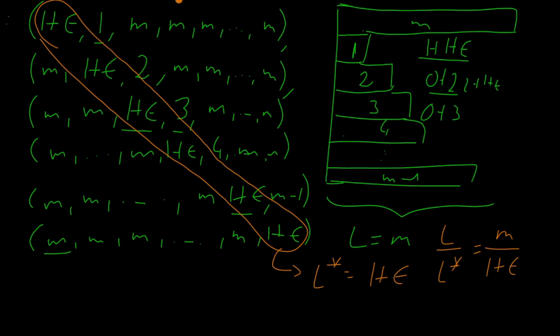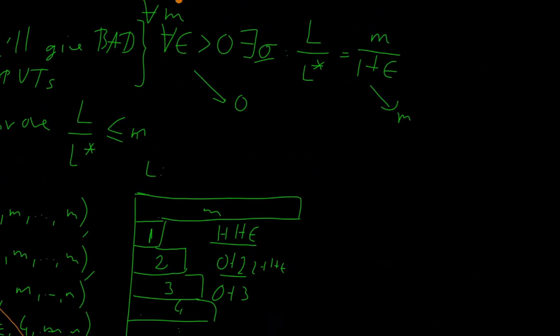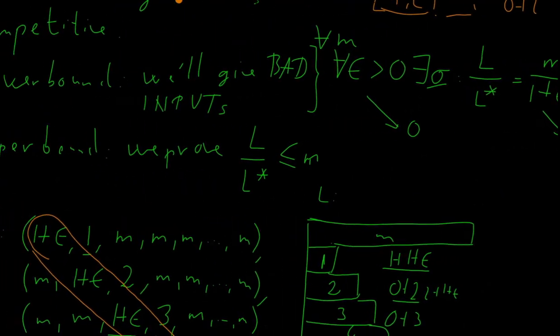So that's why we have a lower bound of m, because if epsilon is small enough, then this ratio is almost m, and we can approach m as close as we wish, so it's done. So for the lower bound we are done.